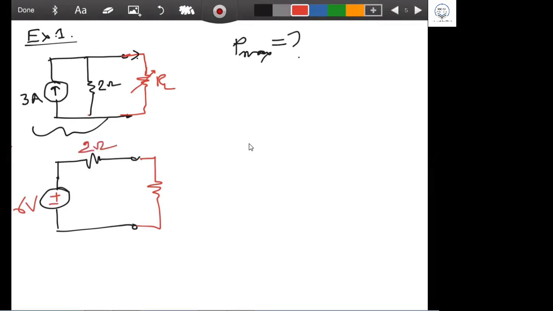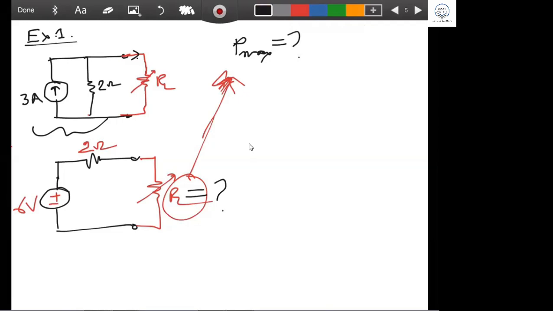So you all get it. Now you can easily find the maximum power transfer to the RL. What is the maximum power transfer to the RL? Find it now. Very simple from the equation. Okay, for the maximum power, what should be the value of RL?